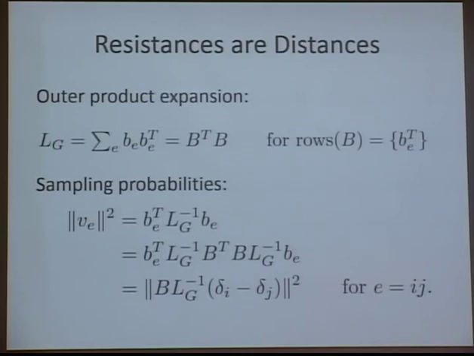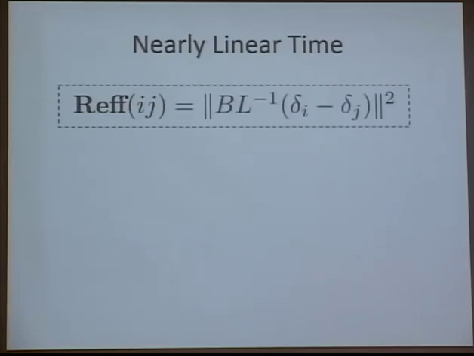You can think of B as the square root of L. Then I do some manipulation, and I get this very nice identity that the effective resistance of an edge is the distance between its endpoints squared in this embedding given by the incidence matrix times the inverse of the Laplacian. This is an m-dimensional embedding because the incidence matrix is m by n. Okay. So this is the main fact that we're going to use.